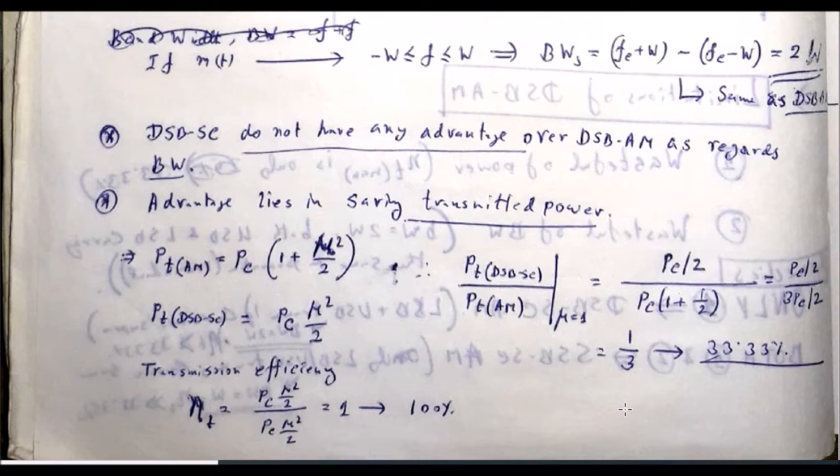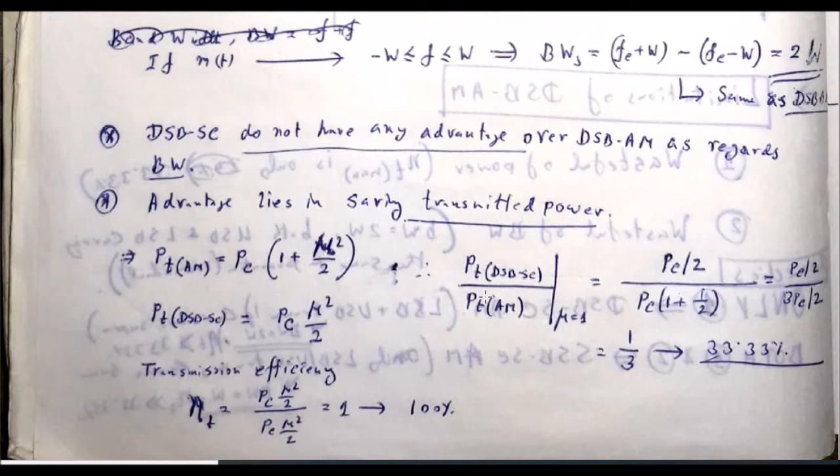So the transmitted power in DSBSC modulation is just 33.33% of the transmitted power of the ordinary AM modulation. So there is a huge saving. Almost 66.67% of power can be saved by using this modulation technique.